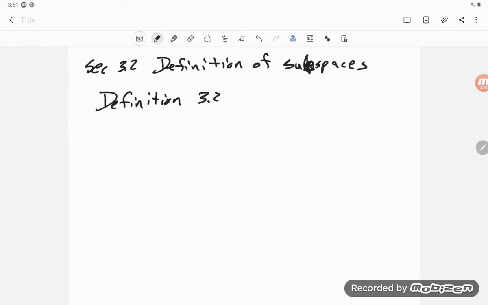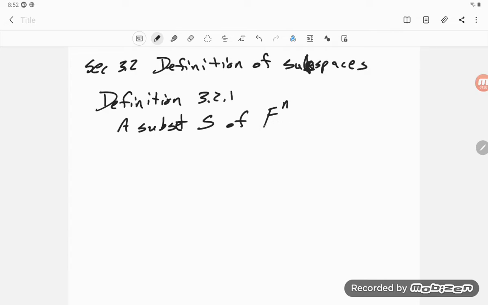So they call it definition 3.21. And so we're talking about a subset S of Fn. So again, the F part is just any sort of field.